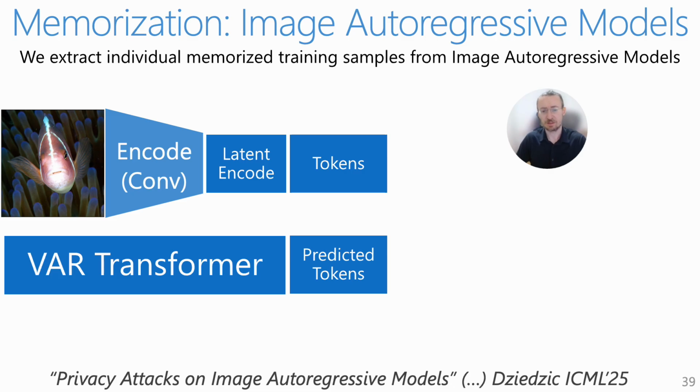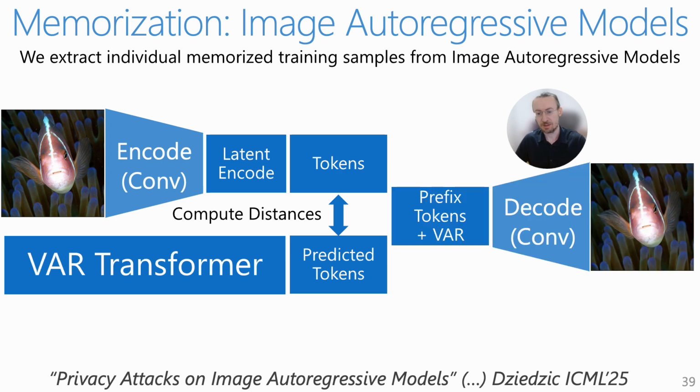So you can think about that we give to the model some prefix, and the model, the VAR transformer, is supposed to generate the next resolution, and we just compare the generated resolution with what is the ground truth. So here we compute distances between the tokens. So, is the predicted token close to the ground truth token?